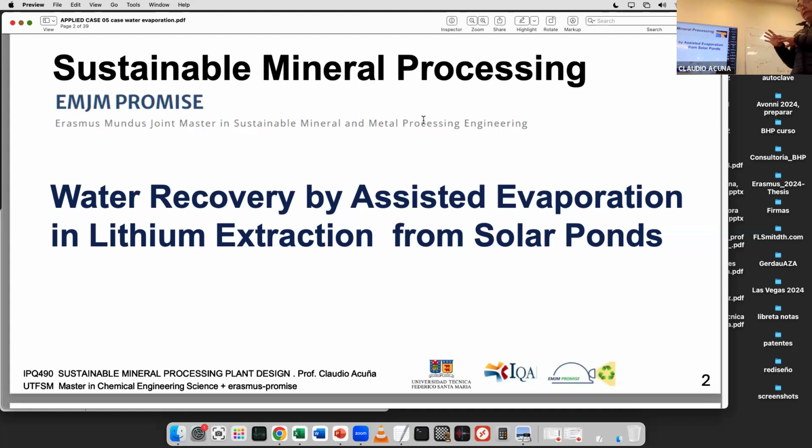We have developed a technology that allows you to extract the water regardless of the quality of the water, which is a very important point to understand. And this was developed for the lithium industry, so in the same operation, we also improve the crystallization process.